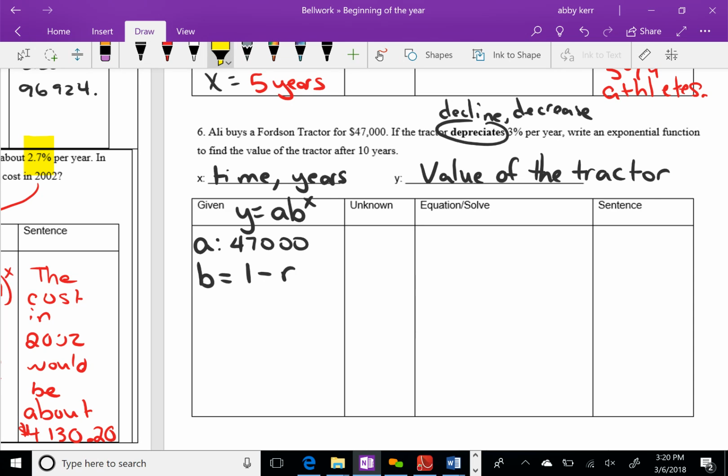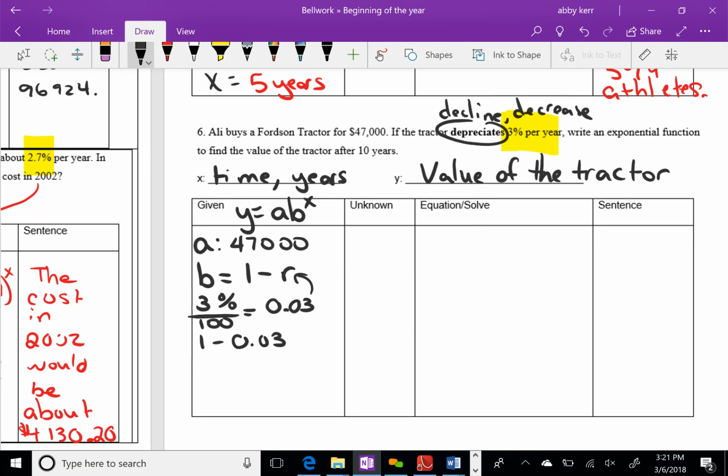But once again, we only have the percentage. We can't work with the percentage. So we have 3%. We have to divide by 100 to get rid of that percent sign. And when we do, it's 0.03, and that is the rate value. Since we're declining, we have to subtract.